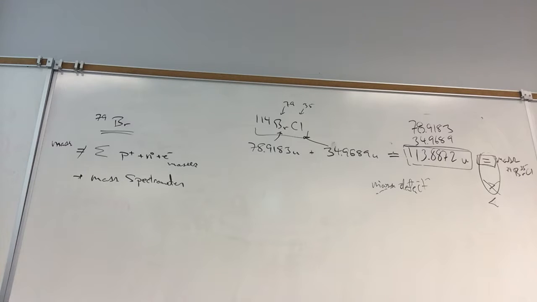The reason is that these are radioactive. By the time you put them into a mass spectrometer, they're already decayed, already changed into something else. Because of the very short lifetimes, they're very hard to measure.